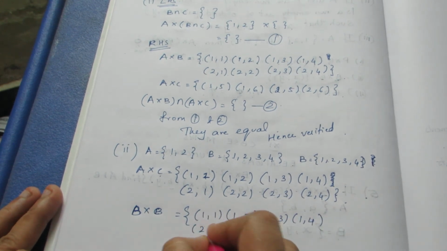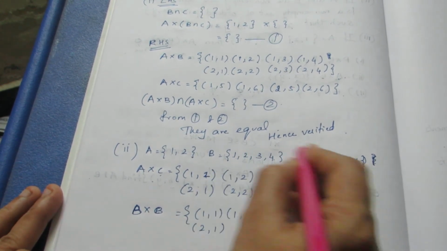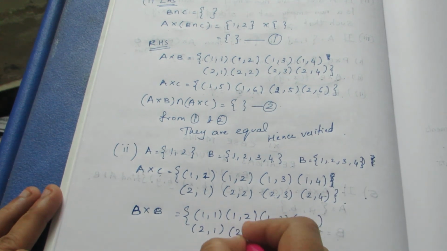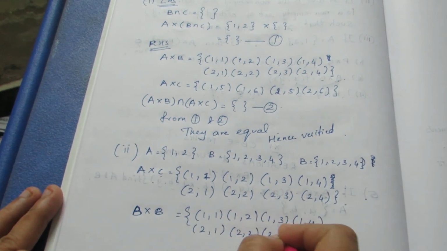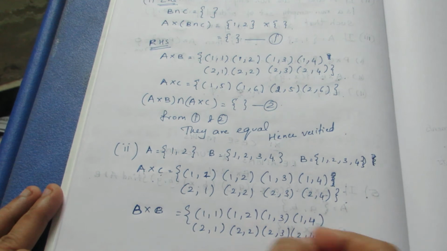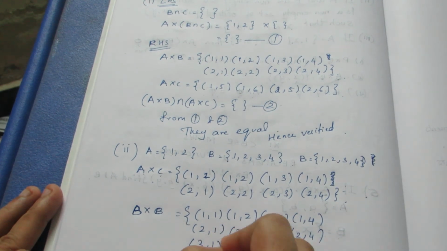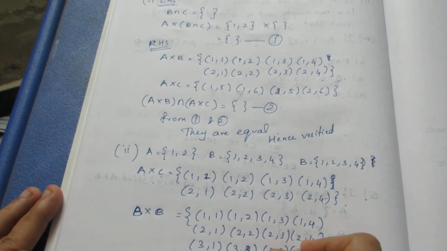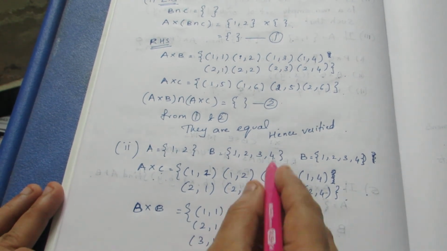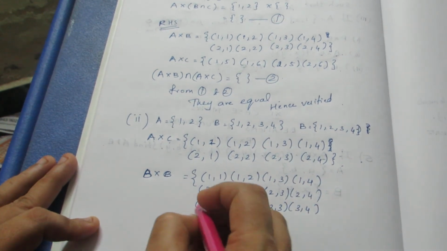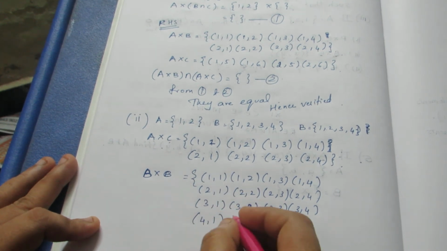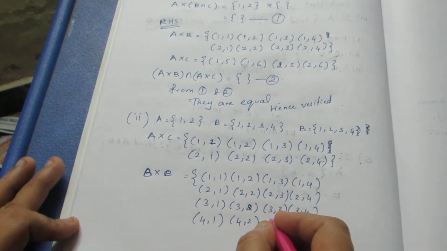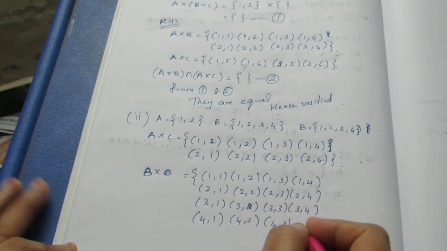Similarly with 2: (2,1), (2,2), (2,3), (2,4). Similarly with 3: (3,1), (3,2), (3,3), (3,4). Same with 4: (4,1), (4,2), (4,3) and (4,4).